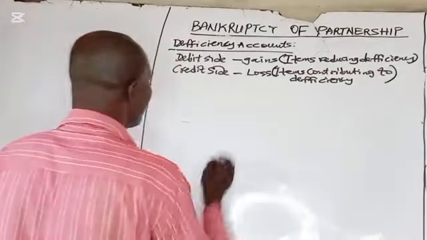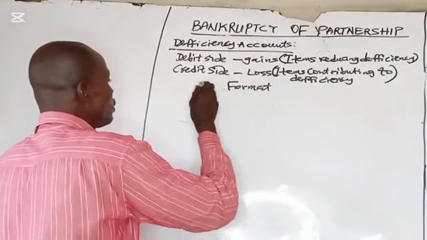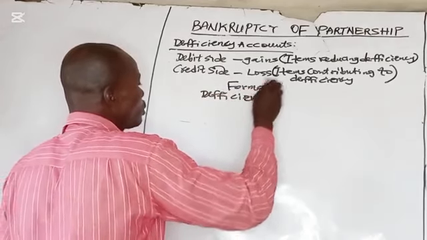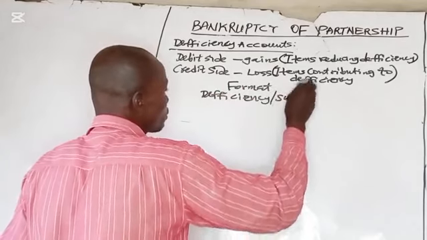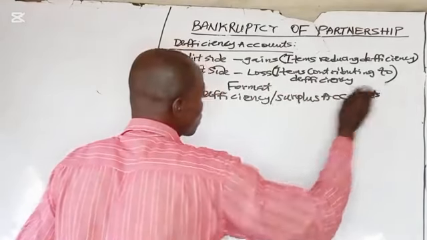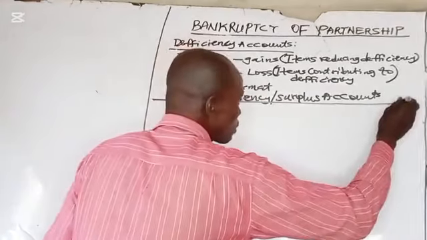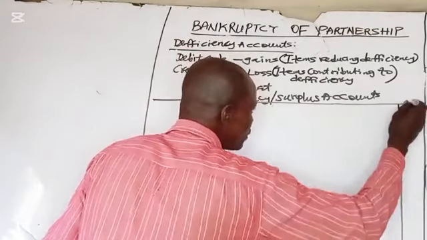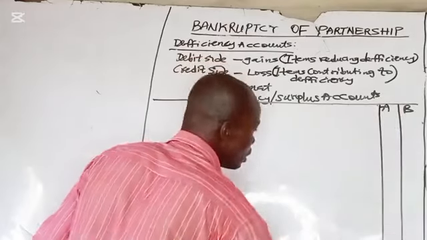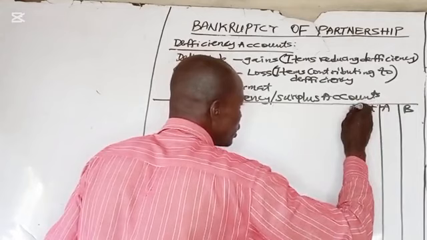So now let me give you the format for the deficiency account. So you have deficiency or surplus accounts. You have B, A, you have joint estate.